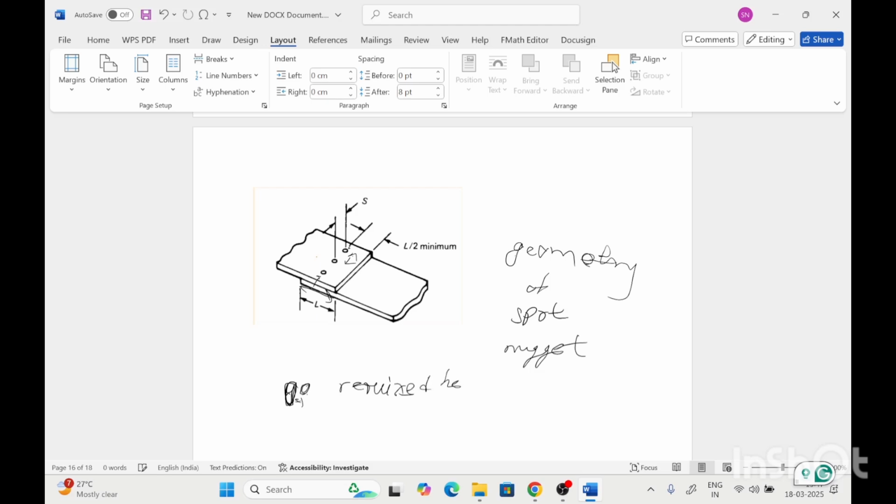So the required heat generation will be difficult.